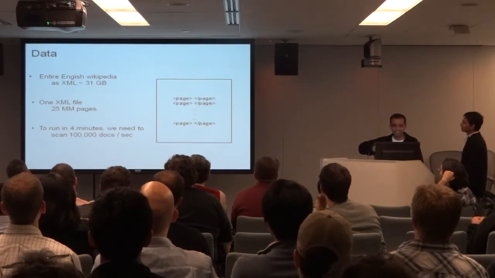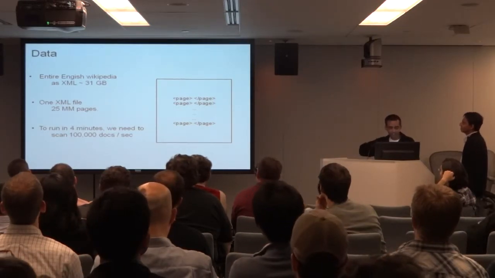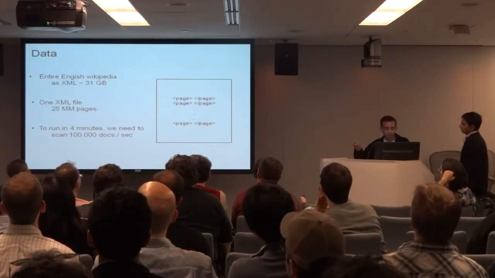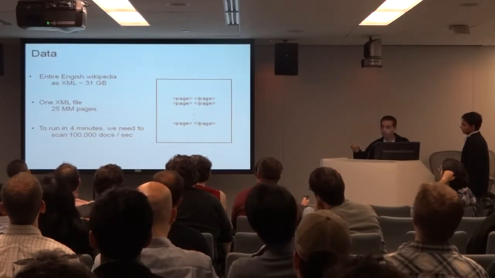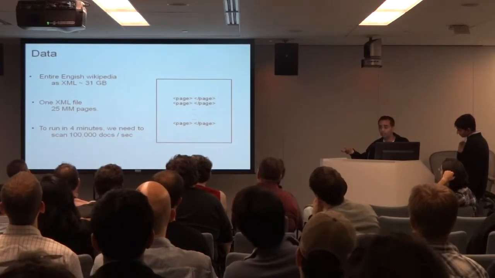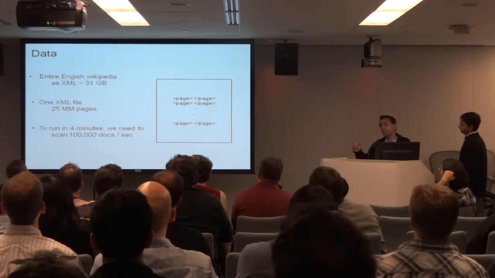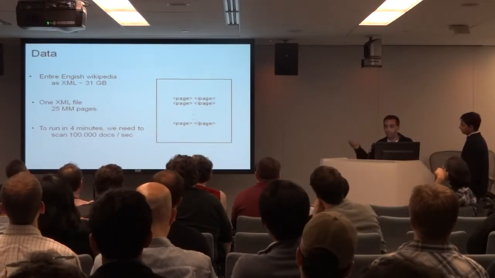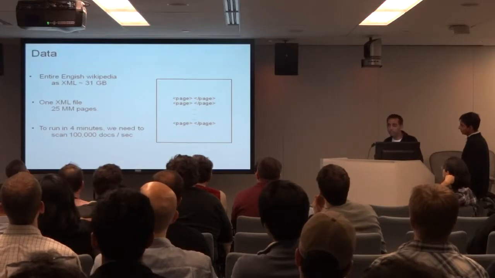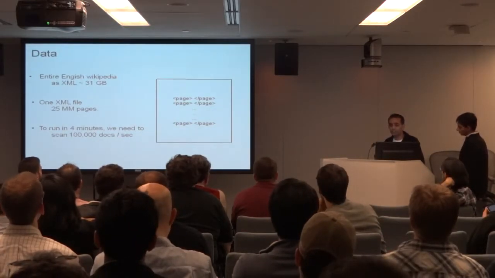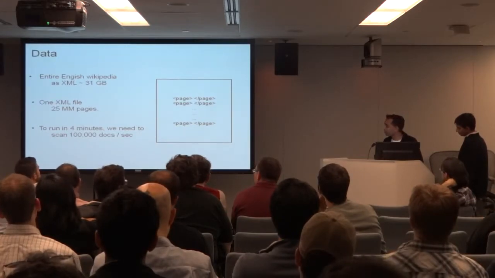I didn't have time to change the slides, but it's 31 gigabytes, and we are doing a free text search on 31 gigabytes, and our program took about 4 minutes for a word. It's still scanning 100,000 pages, and technically that's just the map phase. It probably actually runs 150,000 per second, which is pretty fast. You don't want to run something straight in a Java program on your laptop.